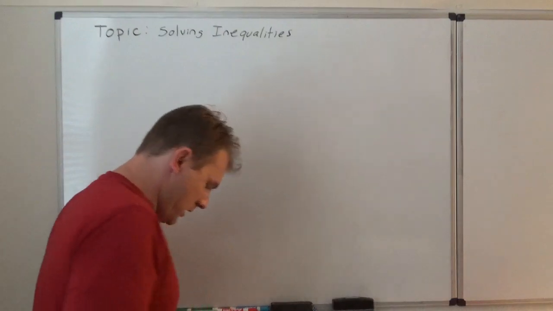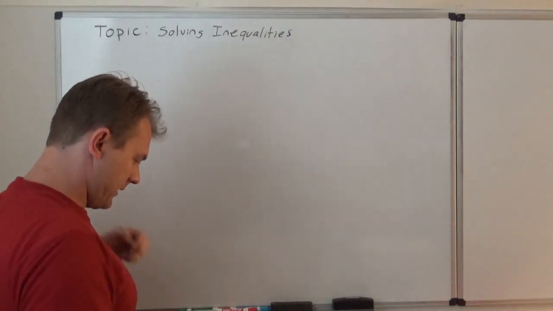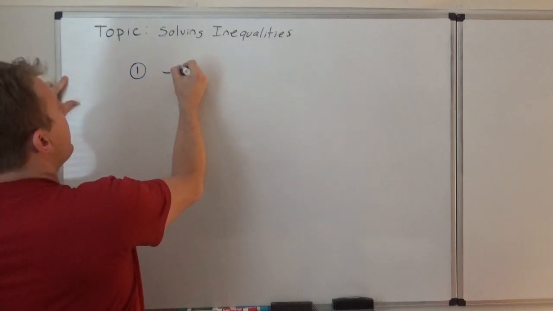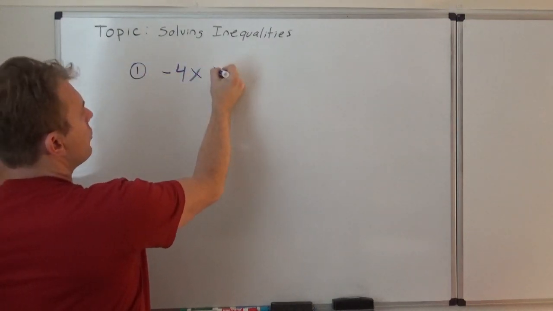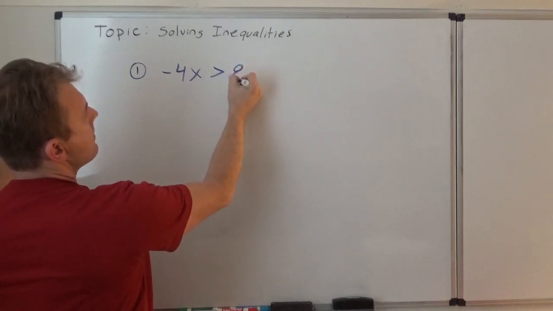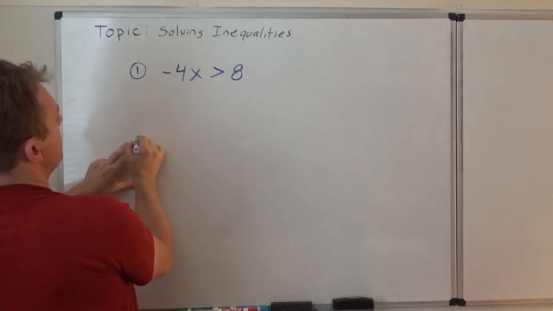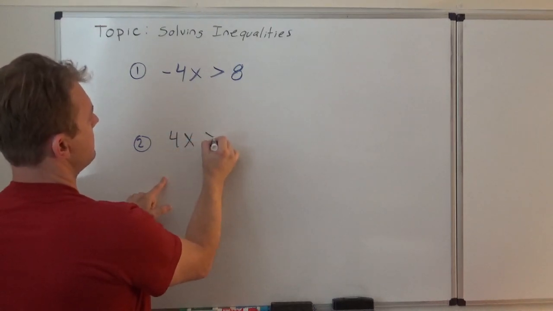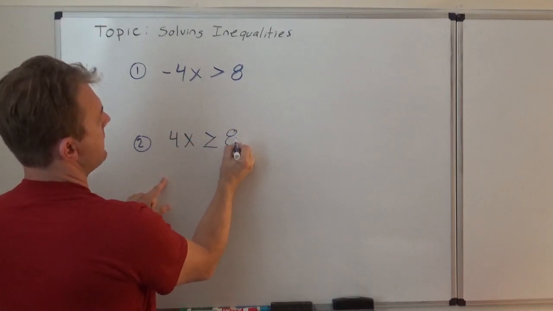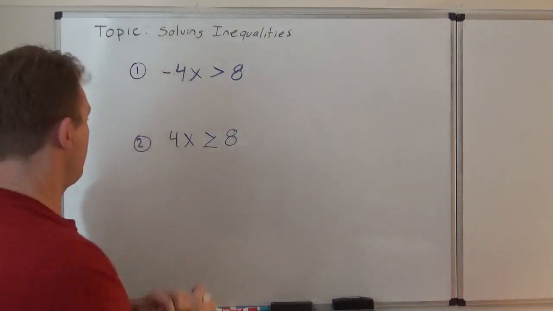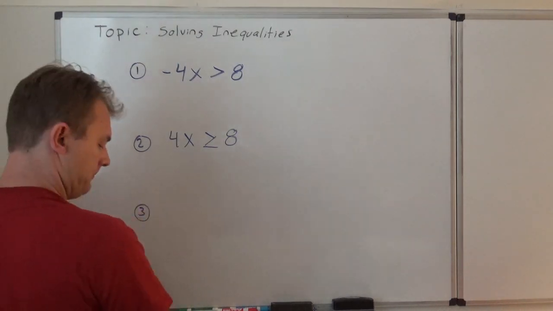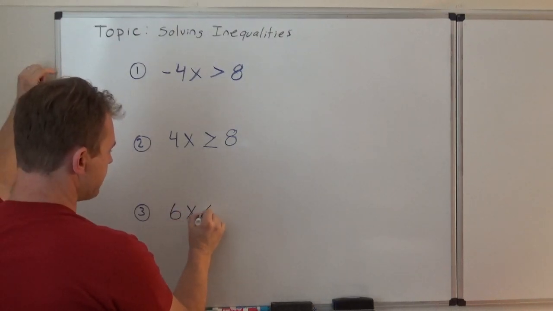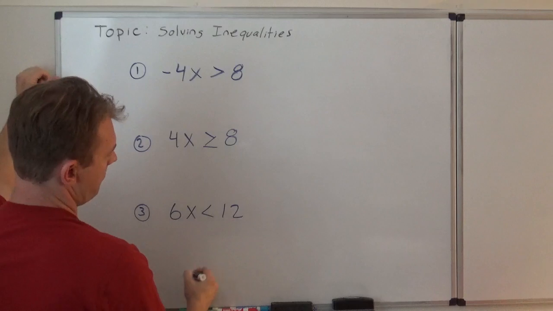Okay, so let's do a couple of these. Number 1, negative 4x is greater than 8. Number 2, 4x is greater than or equal to 8. Number 3, 6x is less than 12.